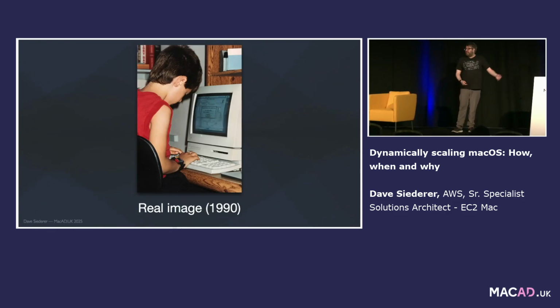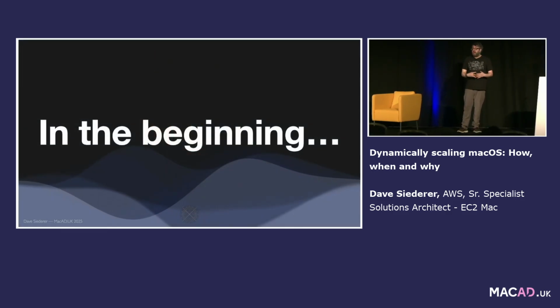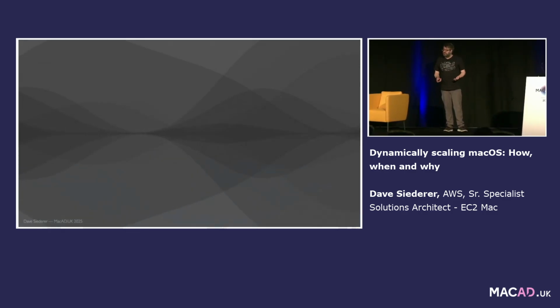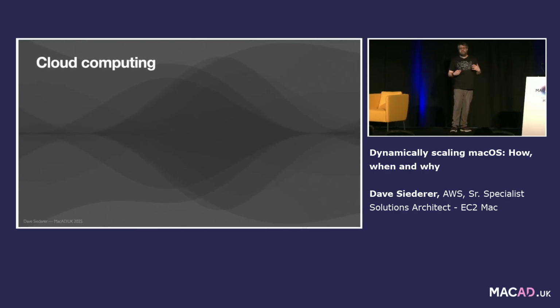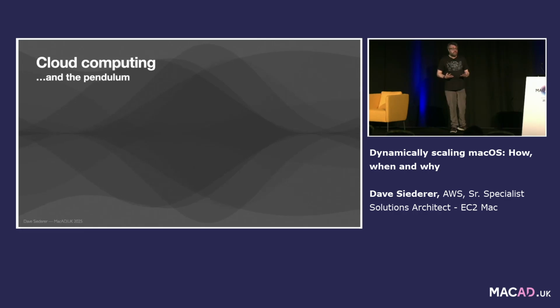So while we're at my beginning, let's head to the beginning of Macs and cloud computing in general. And this is honestly a personal theory that I like to call the pendulum. It's just something that I've noticed as time goes on.